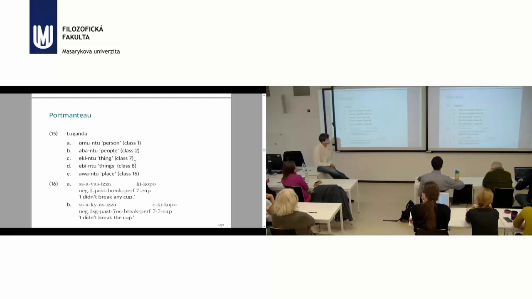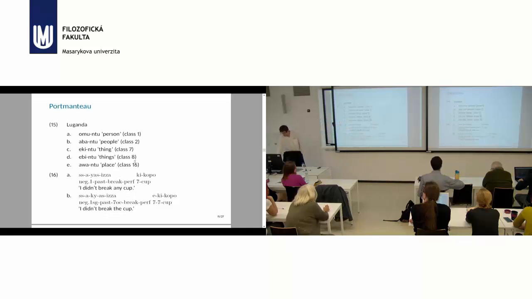Now, these prefixes should be separated into at least two parts. So this is a pair of sentences where the verb is in both cases almost the same. So this is I didn't break, this is I didn't break.